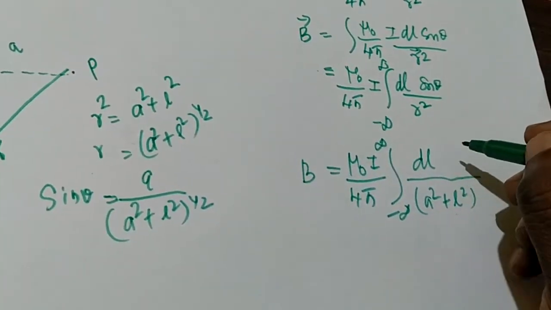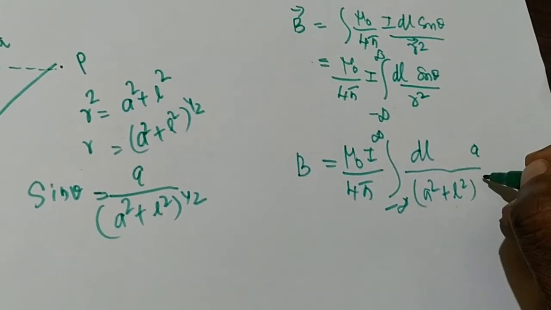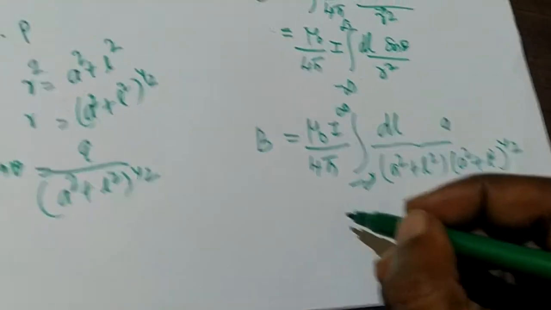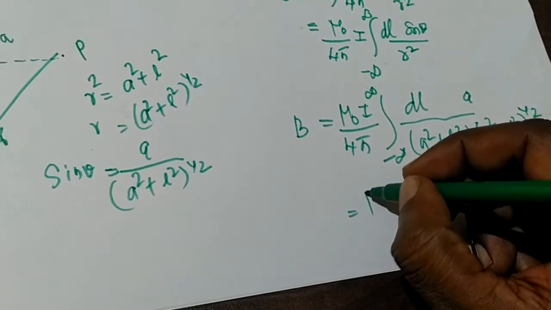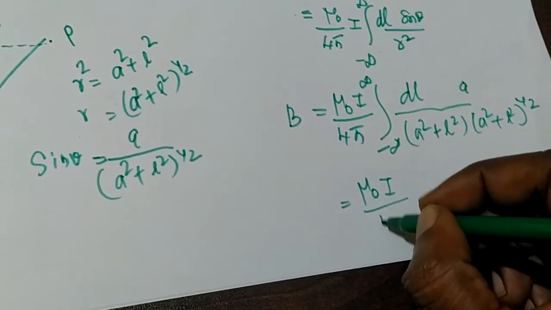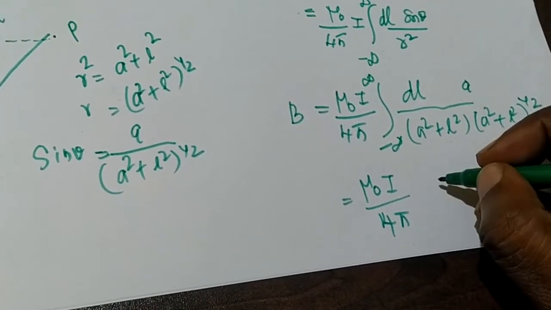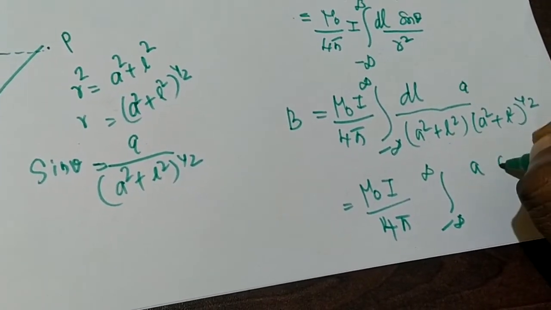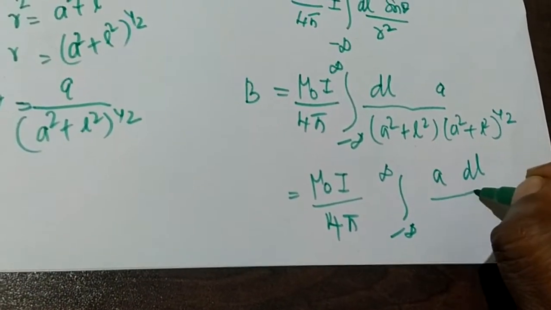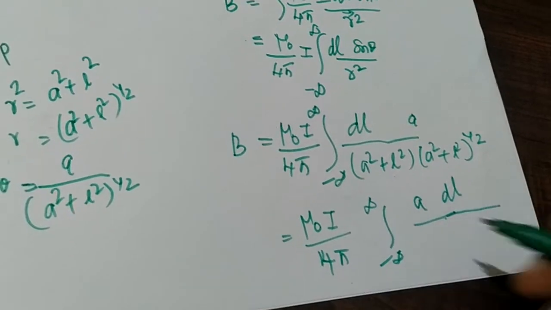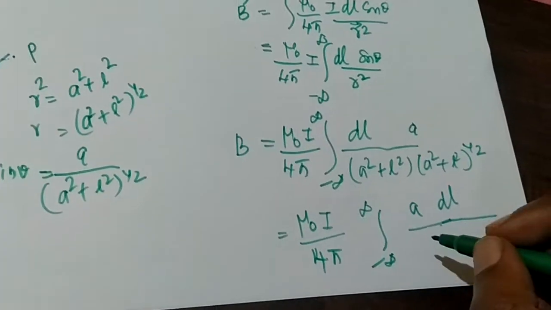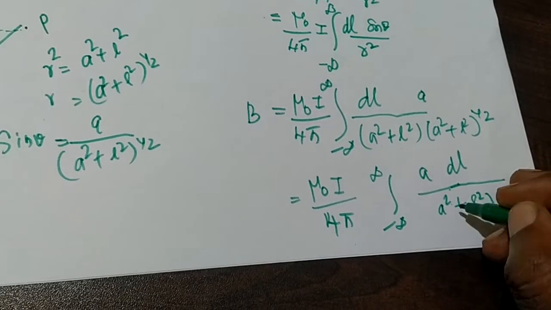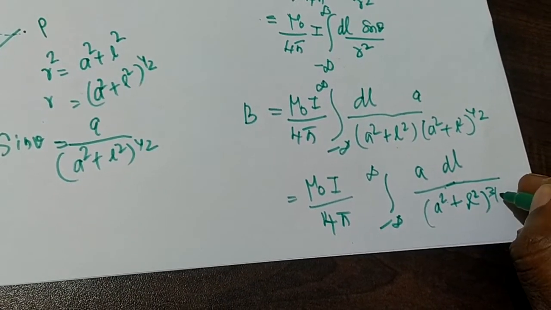Sine theta is equal to a divided by a square plus l square the whole raised to 1 by 2, and this will reduce to mu 0 I by 4 pi into integral minus infinity to infinity a dl by a square plus l square the whole raised to 3 by 2, since the 1 by 2 adds to the 1, so the total will be 3 by 2.